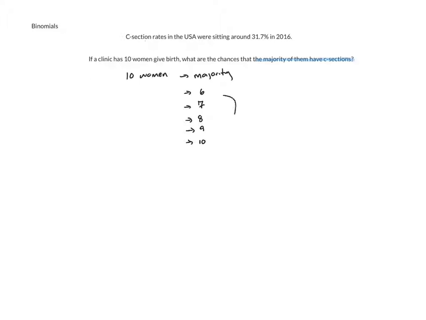So all of these are cases where the majority of them would be having a C-section. What this means is that in order to calculate this probability, I'm going to have to do it for 6, 7, 8, 9, and 10. Which means that our single problem just turned into 5 separate problems.